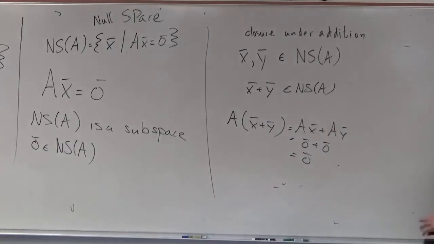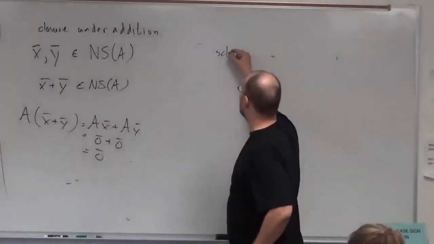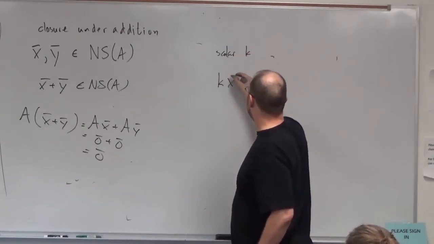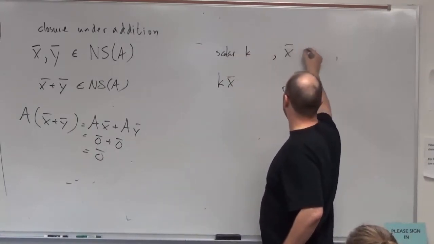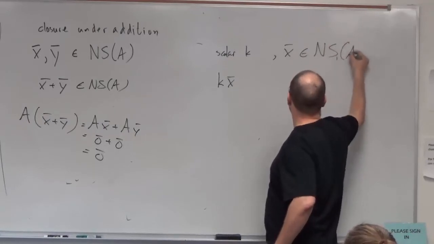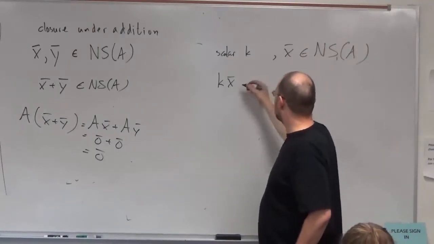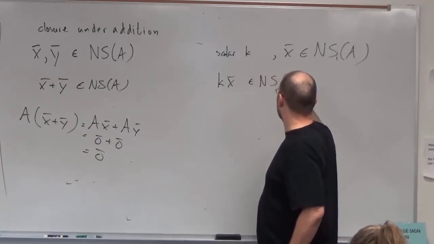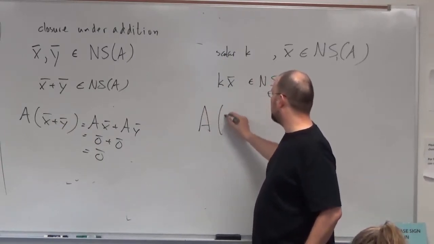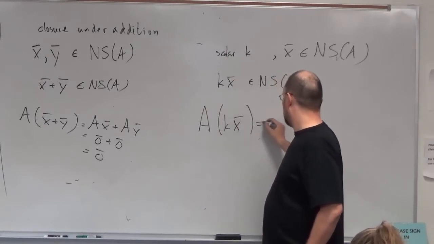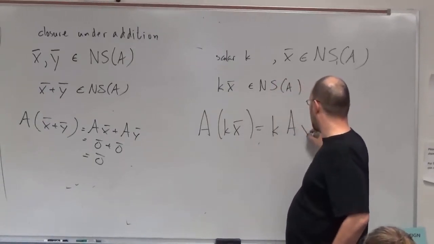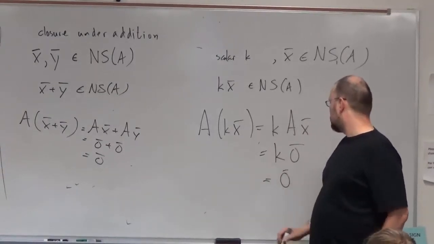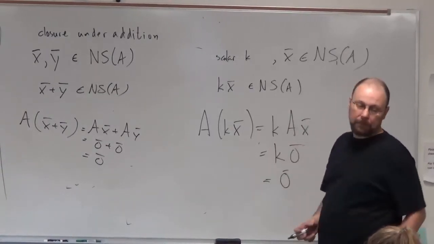And it's also closed under scaling. If you take a scalar k, then kX is a solution to the homogeneous equation. kX is in the null space again, because matrix A times kX, by linearity, gives you the 0 vector.